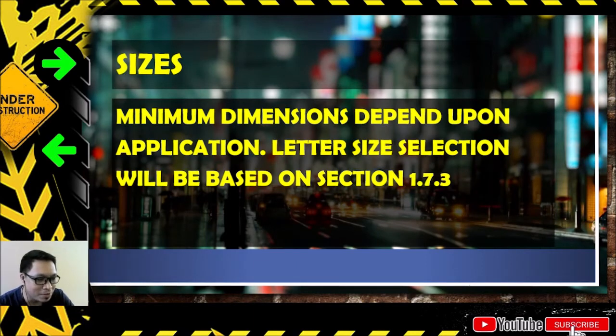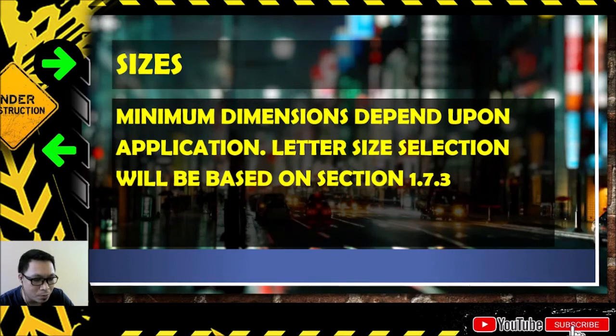Then we have the sizes. The minimum dimension depends upon the application. The letter size selection will be based on section 1.7.3. To tell you, class, the sizes vary according to the visibility and the distance at which you intend to make the sign visible.